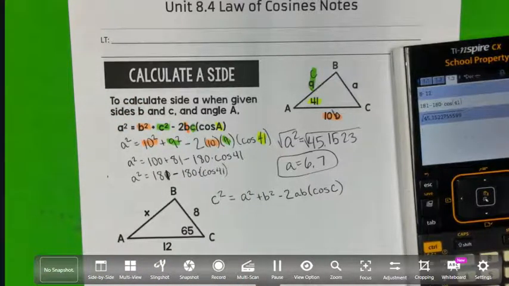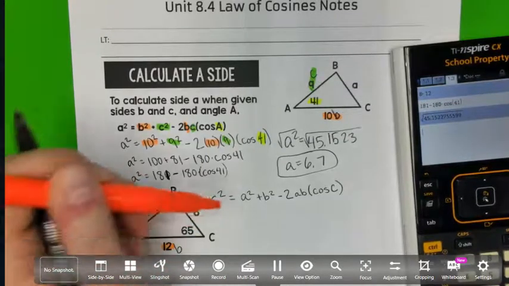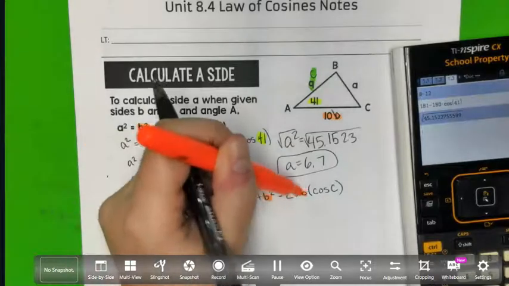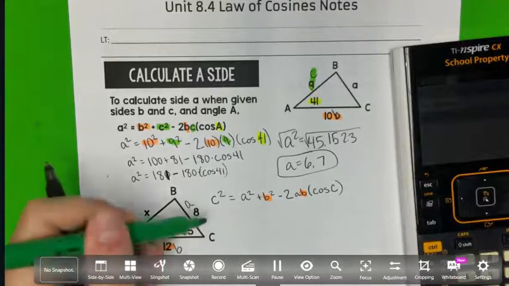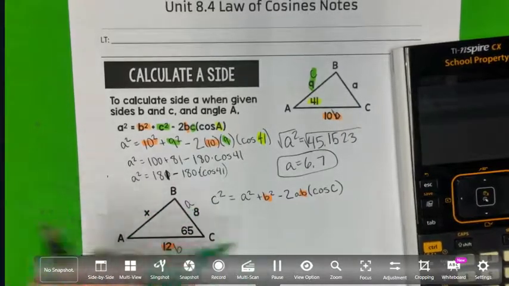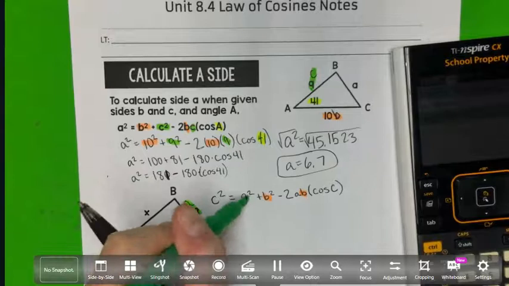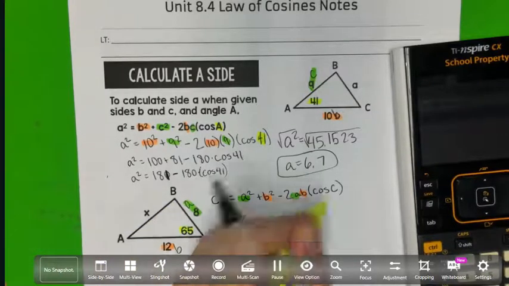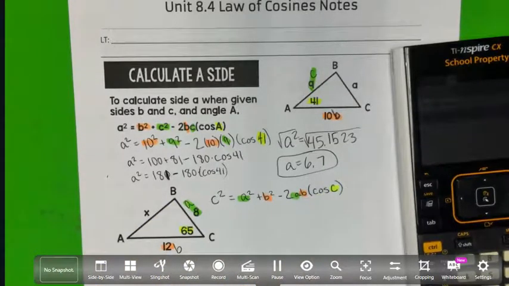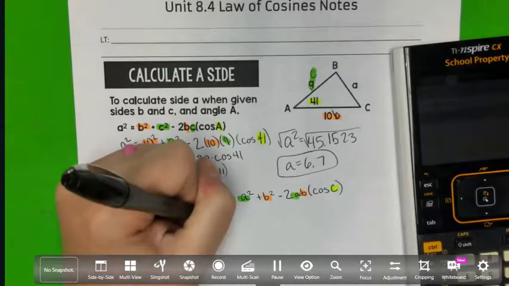Now we can plug everything in. This is our lowercase b, and this is our lowercase a. Our lowercase b is here and here. Our lowercase a is here and here. And our C goes there. Let's do this thing.